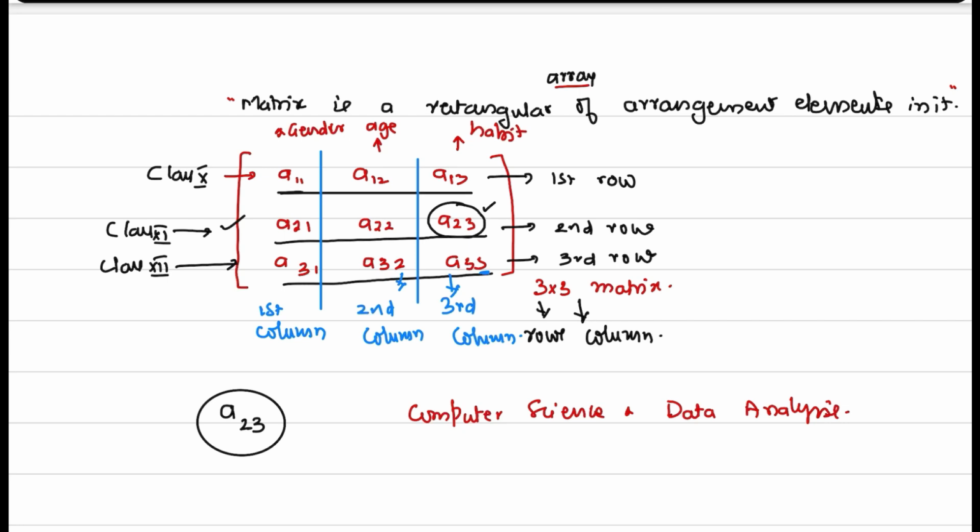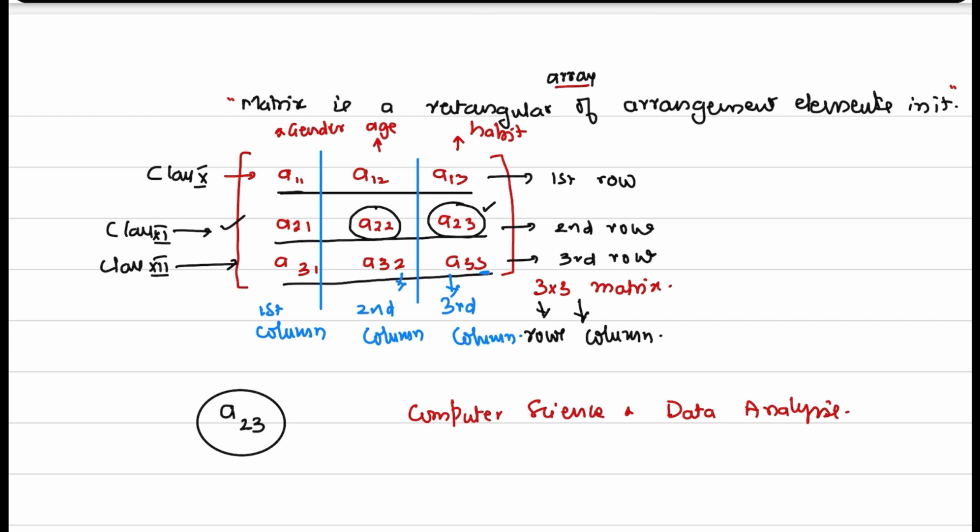And if I want class 11 students of 13 to 15 age group or 17 to 19 age group, how many people are there, with the help of this I will be able to find out A22. Like this, arrangements in the matrix are made, and this is picked up in computer science and data analysis, especially in data analysis.